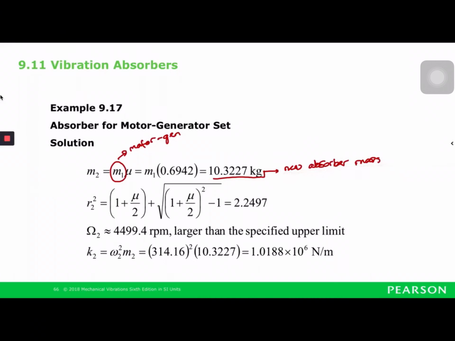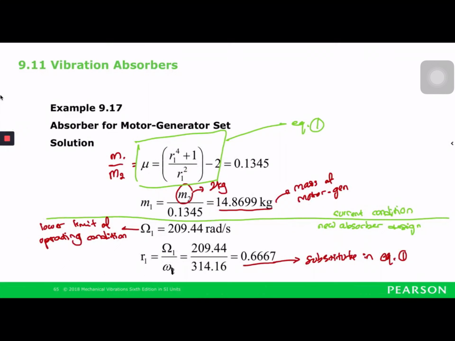So just to make sure that this mass will actually result in a natural frequency beyond the operating condition, which is more than 4000 rpm, we use the value of mu that we calculated before, and we find R2, which is 2.2497. So using this equation for R2, we have R2 equals capital omega 2 over omega 2.